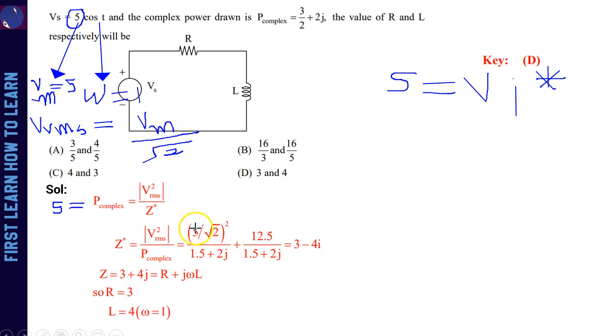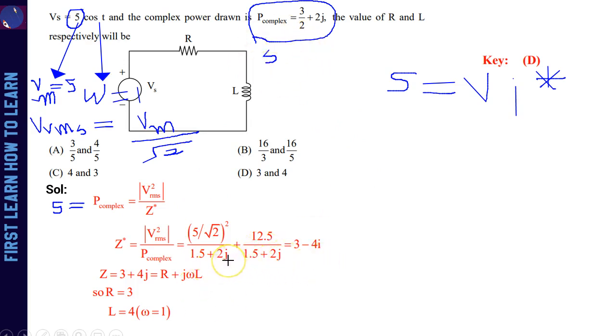On substitution of Vm divided by root 2, we can calculate the Vrms value. You substitute the Vrms value in this formula and take Z star to the left side and substitute P complex, or the S value given, complex power or apparent power.